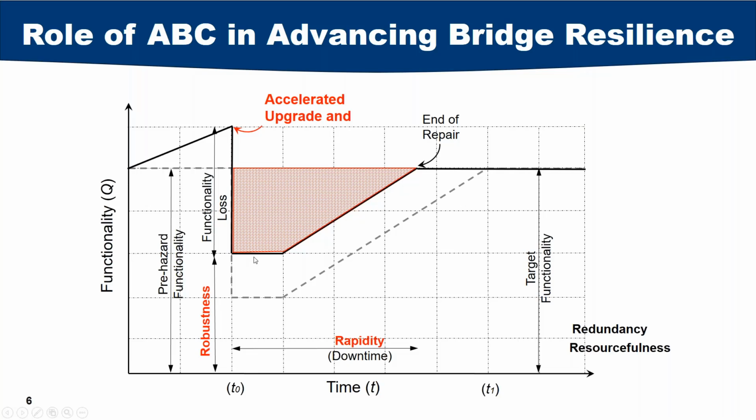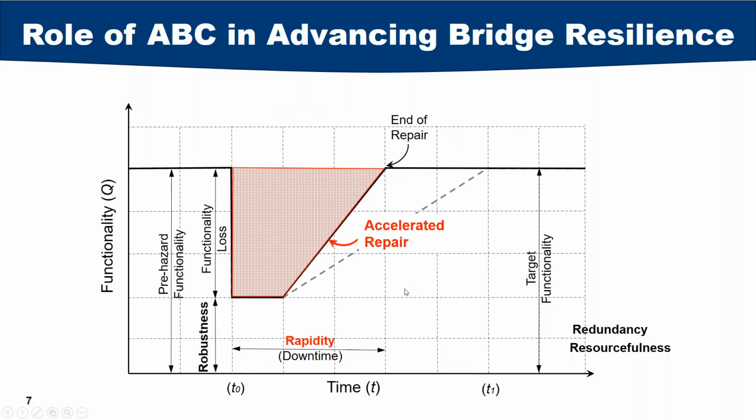If you assume the same time needed for overcoming the impeding factors and the same rate of repair, you will successfully decrease the area of the resilience triangle. So accelerated upgrade before the event can increase robustness and reduce the resilience loss, which is beneficial.